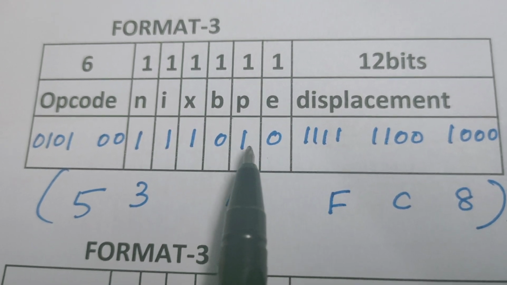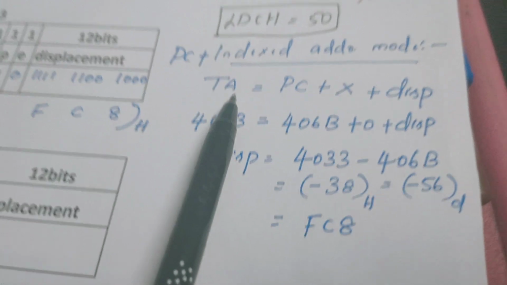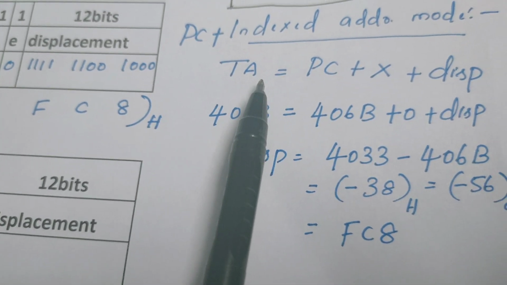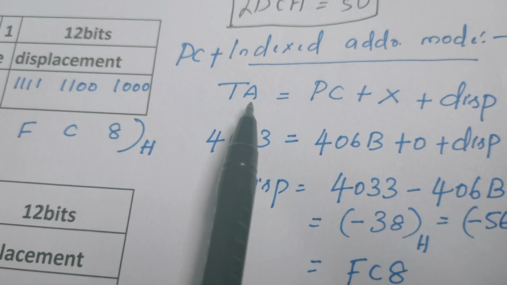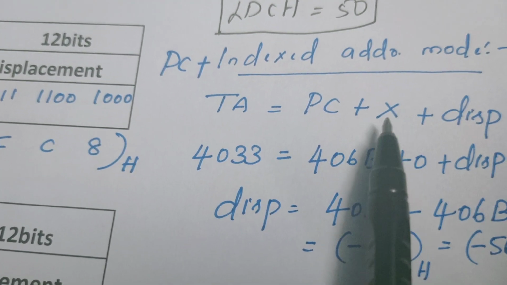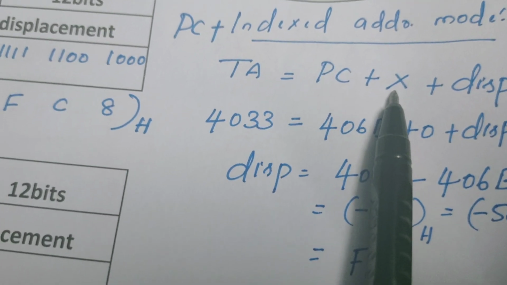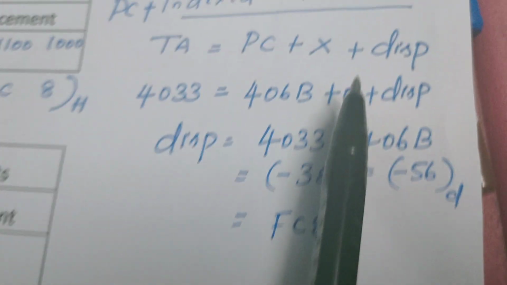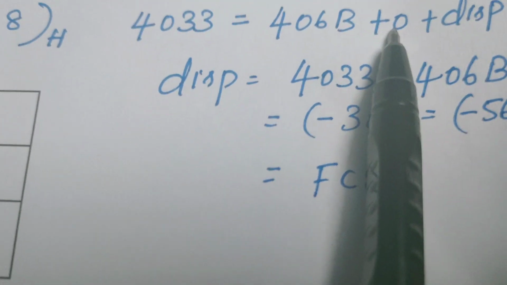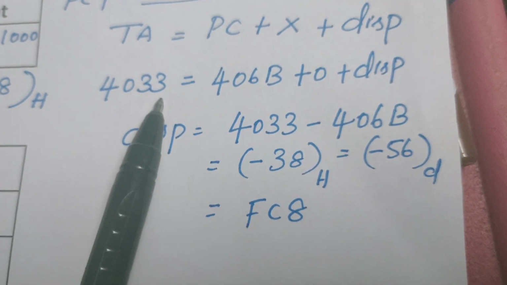But I do not know whether it is PC relative or base relative. So as usual, I am trying to calculate the displacement value. But for indexed addressing mode, the target address formula goes like this: PC plus the content of x plus displacement. But one of our instructions, the first instruction, says clear x. It means x is cleared to 0. That is why x value is given as 0. Target address is 4033.